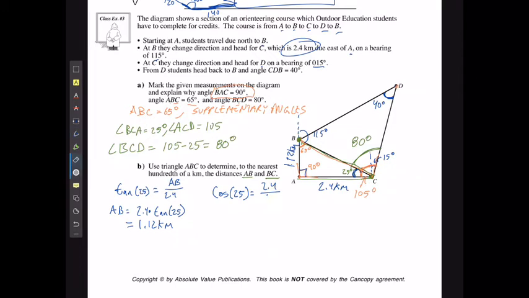And my hypotenuse in this case is obviously B to C. BC multiplied by cos of 25 is going to equal 2.4, which means that BC is going to equal 2.4 divided by cos of 25, which in this case is going to give me approximately 2.65 kilometers.